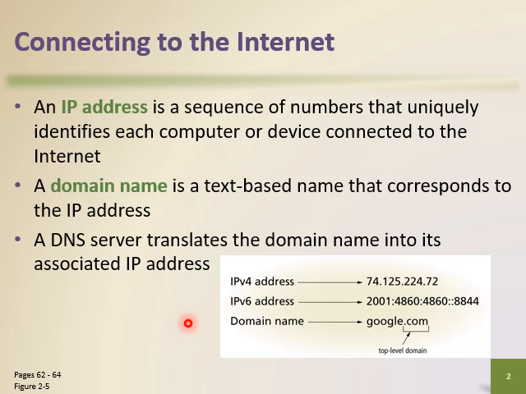This server translates the domain name to the associated IP address. So whenever you write google.com, it will locate it in the domain name server. For every domain there is an associated IP address, so it will find that IP address from that domain name.